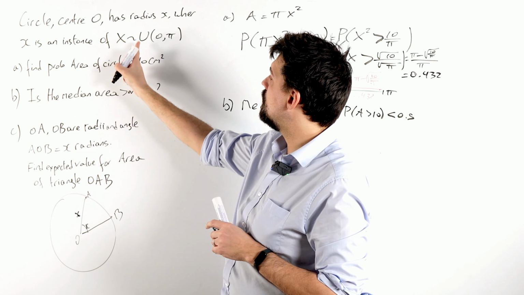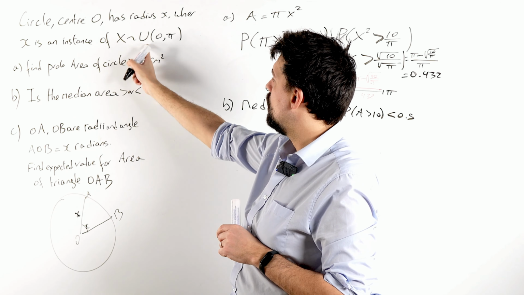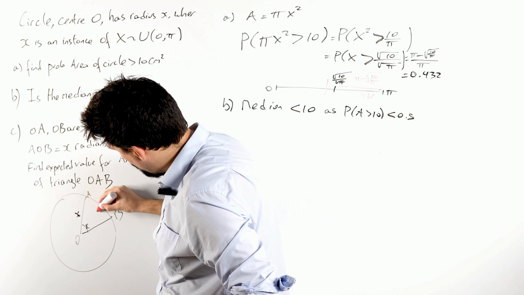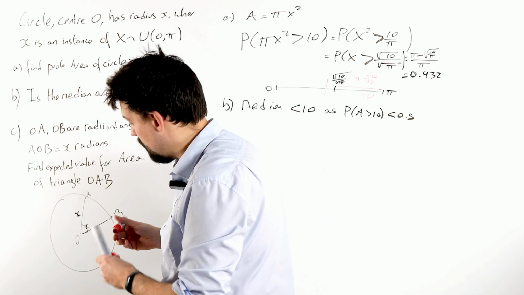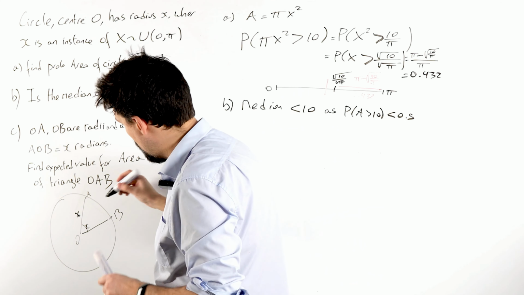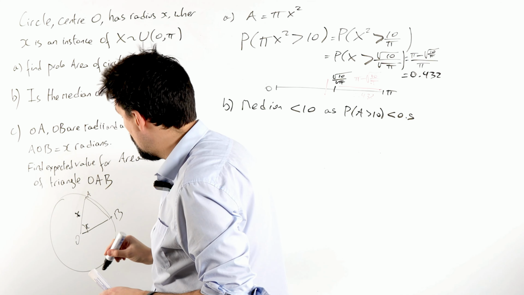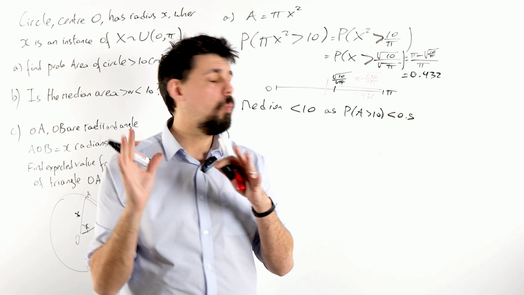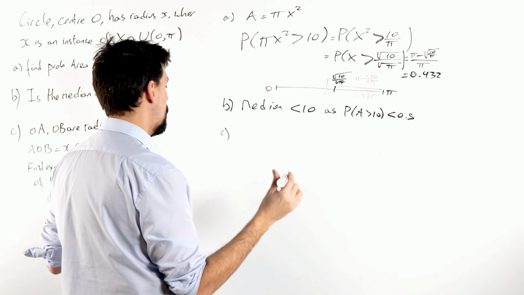These are all still the same instance, or they're all generated from that random variable. We want the expected value, as this pen has died, of the area of triangle OAB.